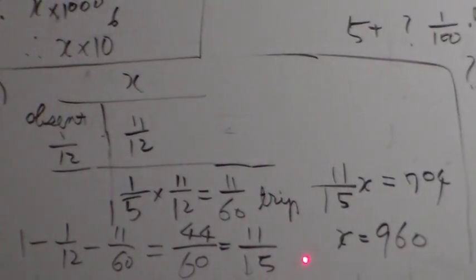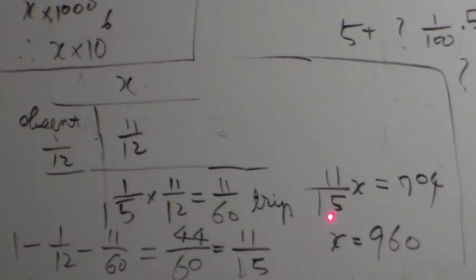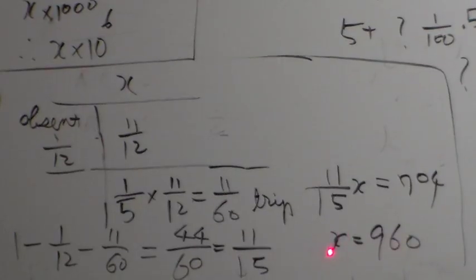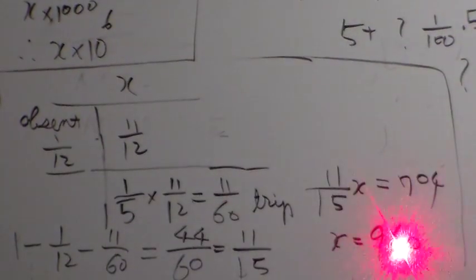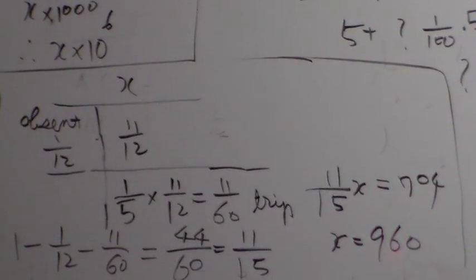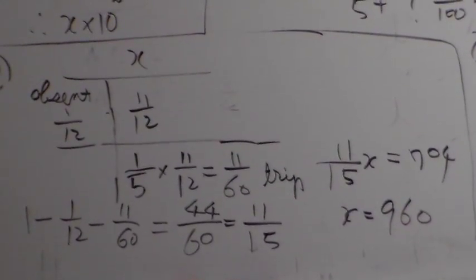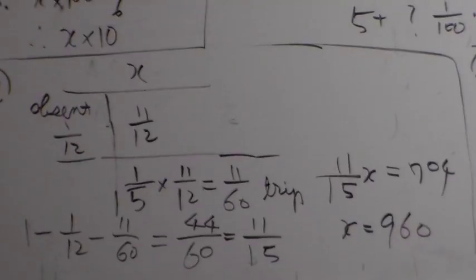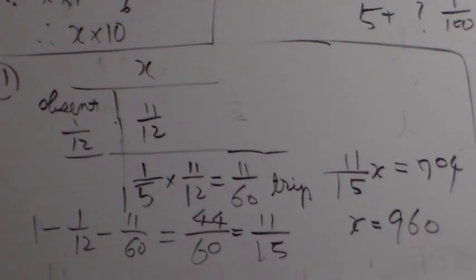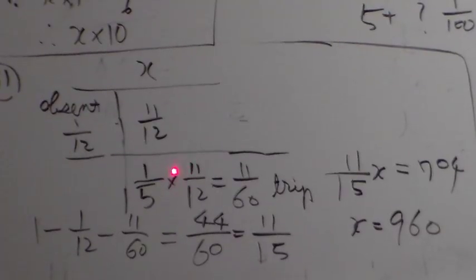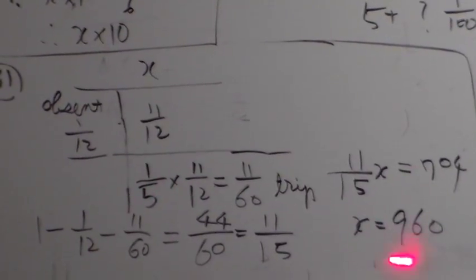That student fraction 11 over 15 of the total student 704, so the student count is 960 students at the school. This kind of thing, something over something, you have to find the real portion by multiplying.